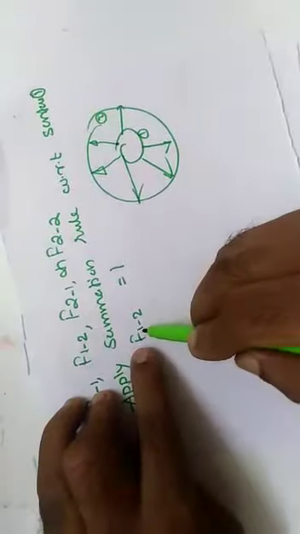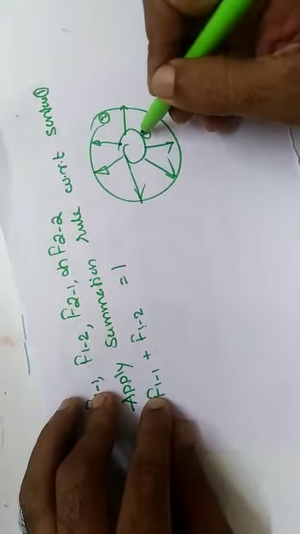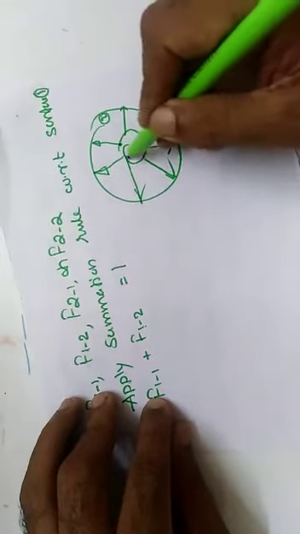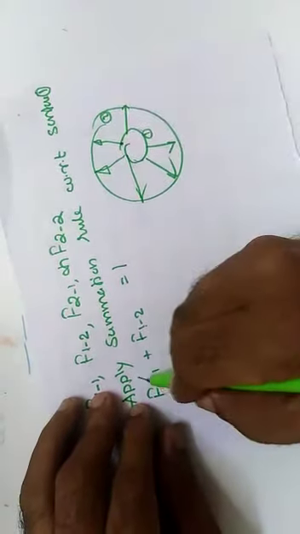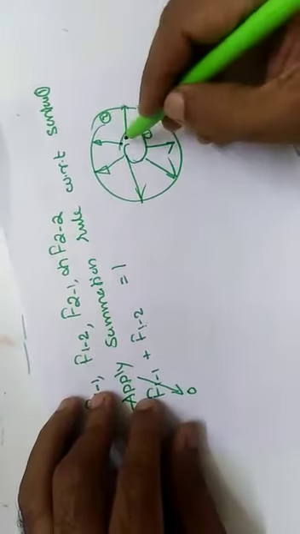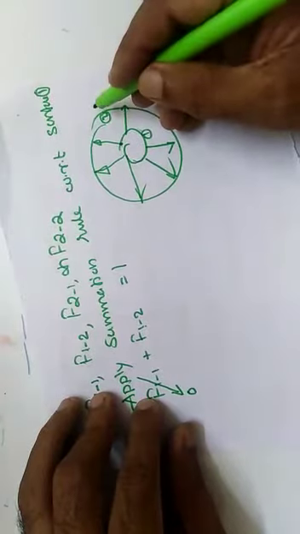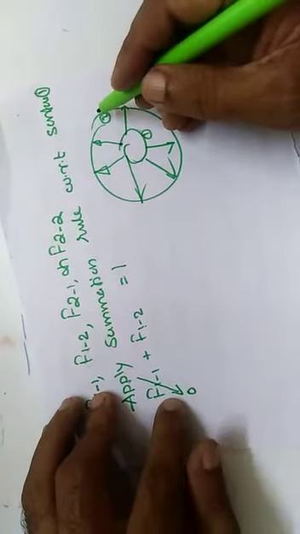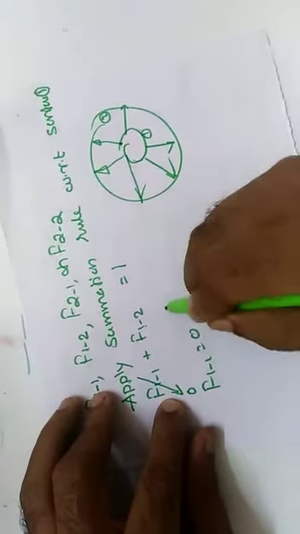Second point is F11. F11 means the amount of radiation that starts from surface 1 and falls on surface 1. It is clear that F11 equals 0. Entire amount of radiation emitted by surface 1 falls on surface 2 directly. So F11 equals 0.